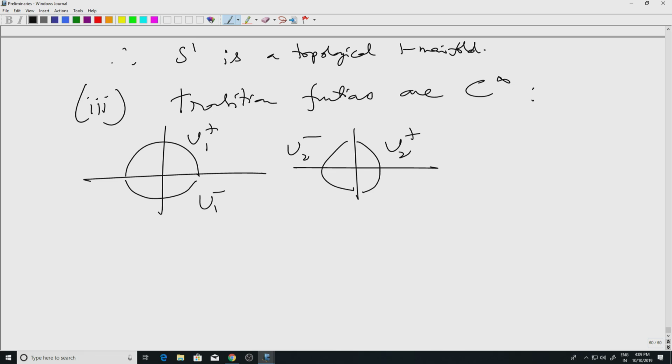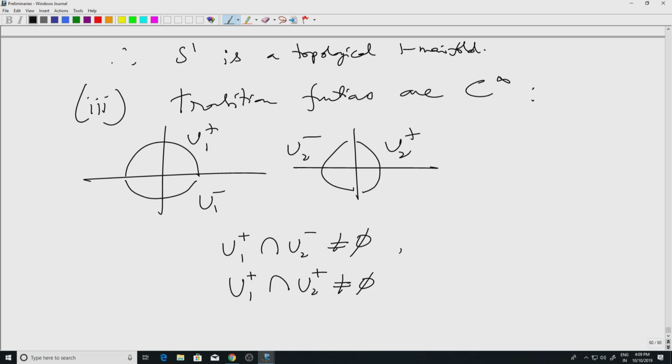But u1 plus intersects with u2 minus, u1 plus also intersects with u2 plus, and similarly u1 minus intersects with u2 minus and u2 plus.